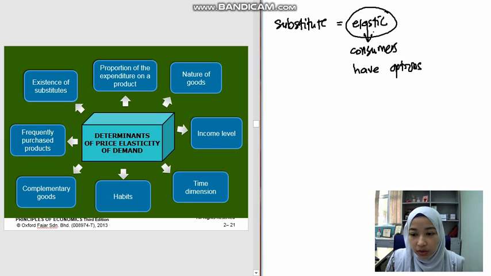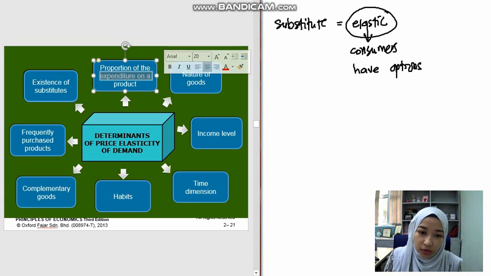So for a product whose price increases by a small amount, the demand will be inelastic. But for a product whose price increases by a huge amount, the demand will be elastic. So that kind of situation.